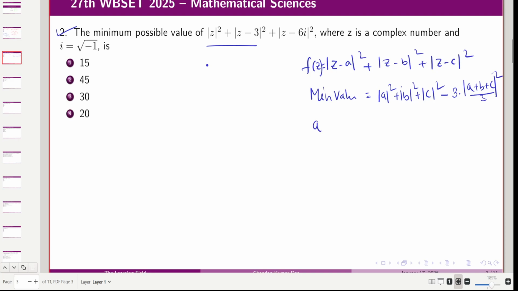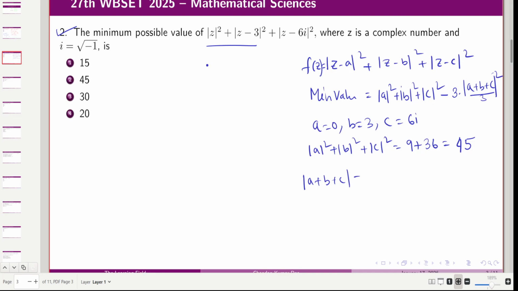So what are the values? a is equal to 0, b is equal to 3 and c equal to 6i. Now mod a square plus mod b square plus mod c square is 9 plus 36, which is equal to 45. Now what is mod of a plus b plus c by 3 whole square?